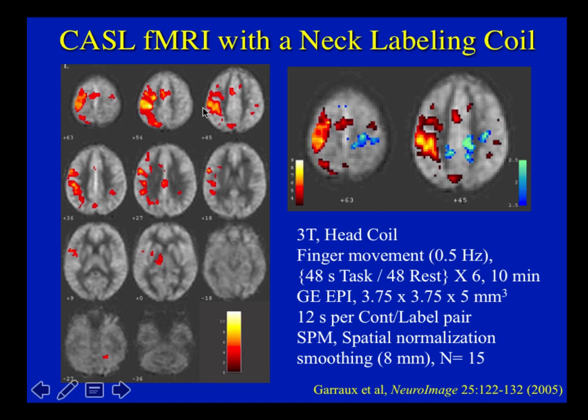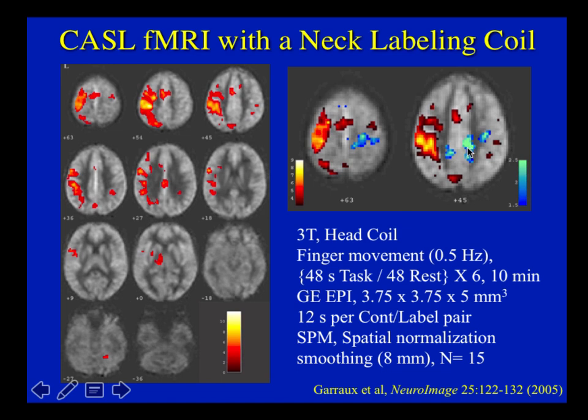We can see the blood flow increases throughout the motor cortex in the cortical regions as well as subcortical and cerebellar regions. And in this experiment we were also able to detect some decreases in blood flow in the contralateral hemisphere.